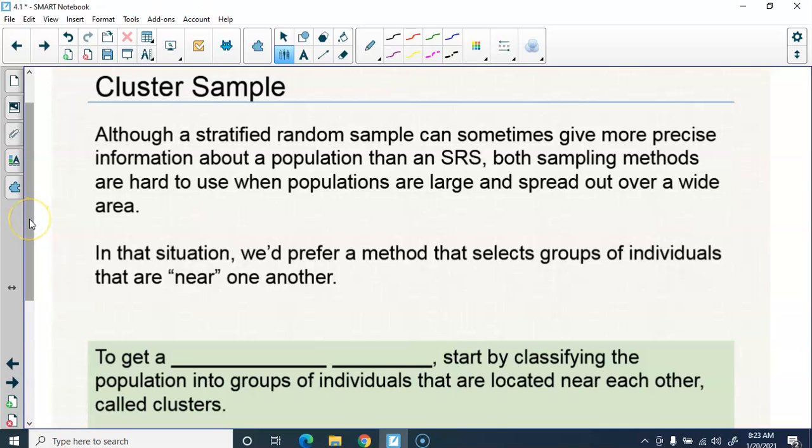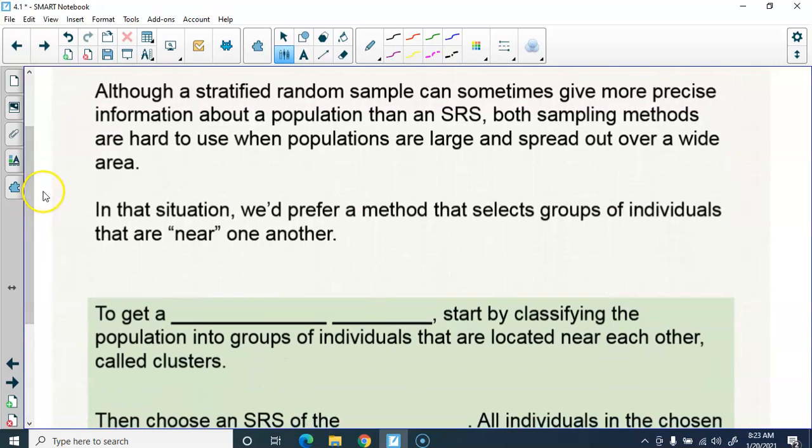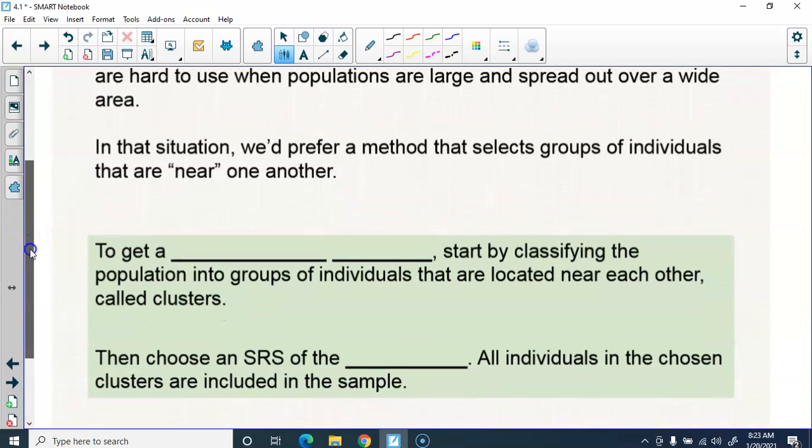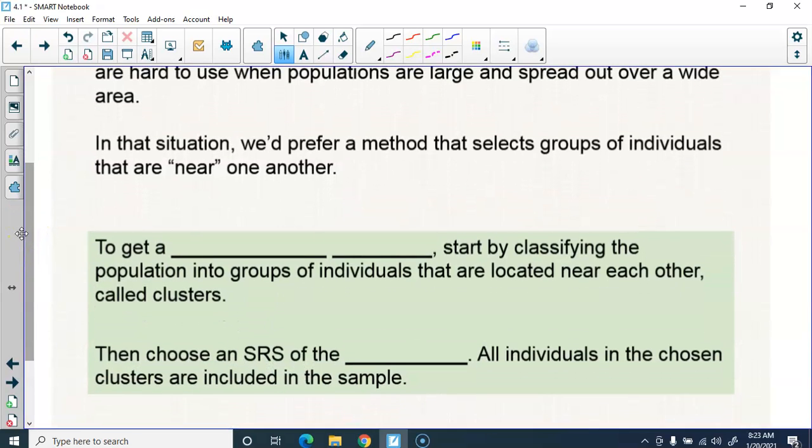Although a stratified random sample can sometimes give more precise information about a population than a simple random sample, again because you're going to make sure that your sample is diverse, both sampling methods are hard to use when the populations are large and spread out over a wide area. In that situation, we'd prefer a method that selects groups of individuals that are near one another. What we call that is a cluster sample, where we start by classifying the population into groups that are located near one another, and those groups are called clusters.